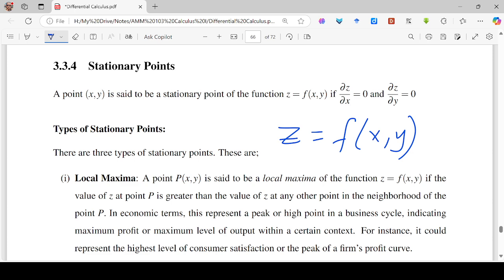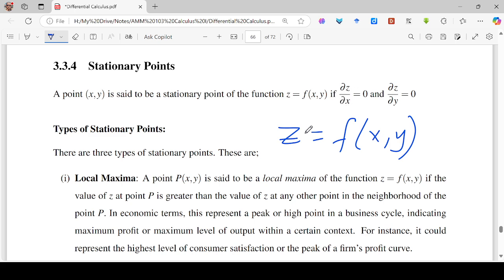And because the stationary point is where the rate of change of the function is 0, we equate the two partial derivatives to 0 and solve the resulting equations. So this will give us the point where the function is stationary, or what we may refer to as the turning points if it was a function of one variable. But we shall use the term stationary point for functions having more than one variable.